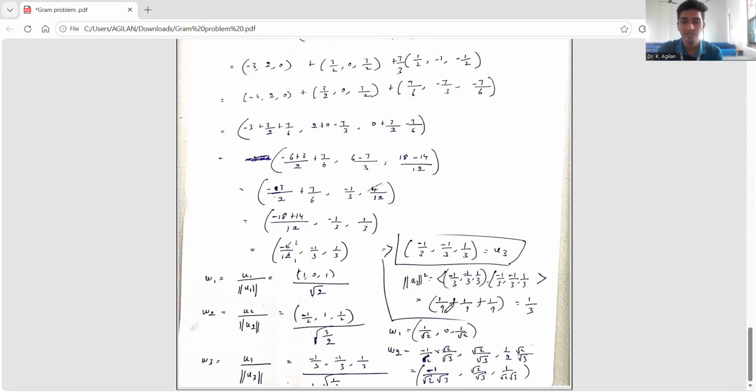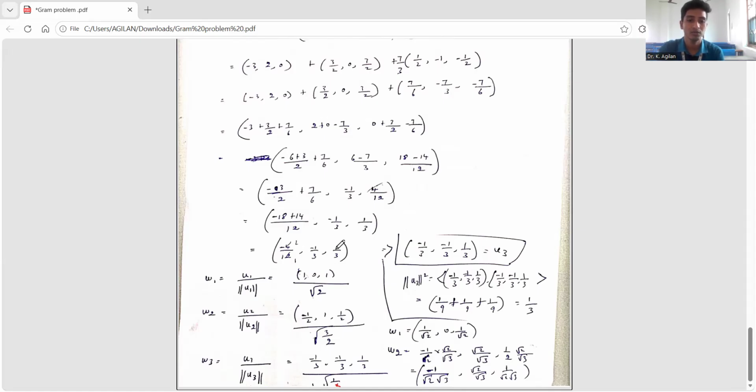Denominator is same, so 1 plus 1 plus 1 divided by 9, which is 3 by 9, nothing but 1 by 3. Am I right? So norm of U3 whole square is 1 by 3, which means norm of U3 equals square root of 1 by 3.